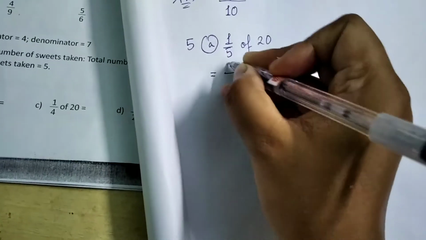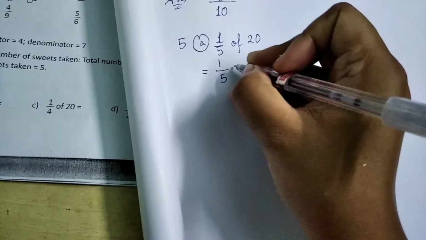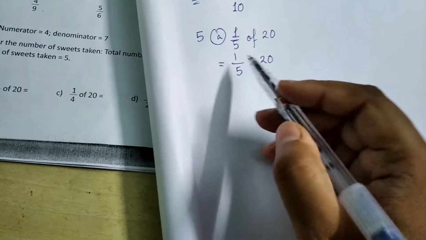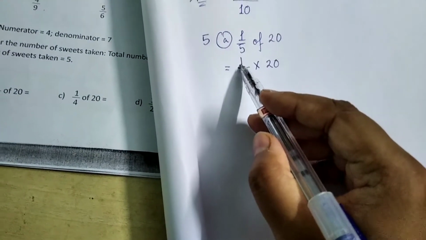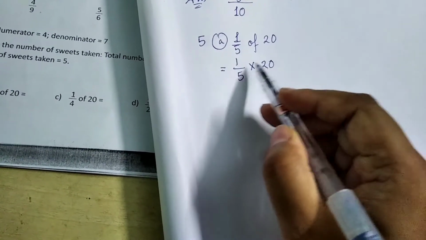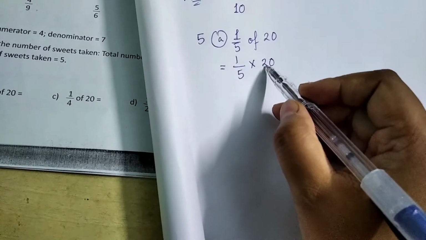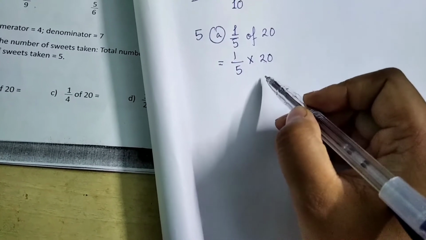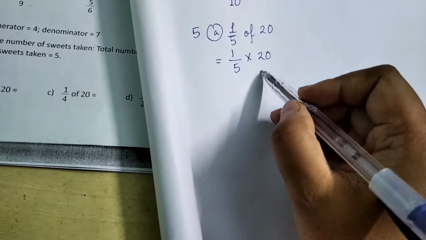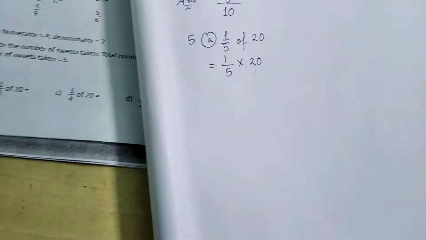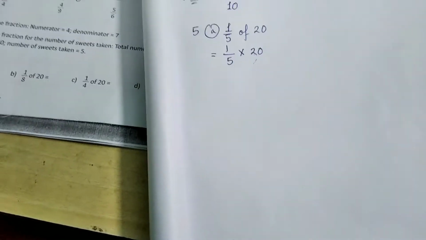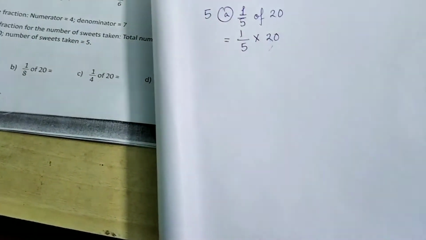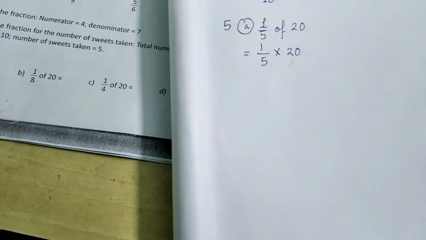In simple terms, of means into. So 1 by 5 of 20 means 1 by 5 into 20, right? Now 1 into 20 is 20, and you may think there is nothing in the down, but it's 20 by 1, because in the down they have given 1, and 20 by 1 is 20 only. This fraction symbol means divide, you just remember that.